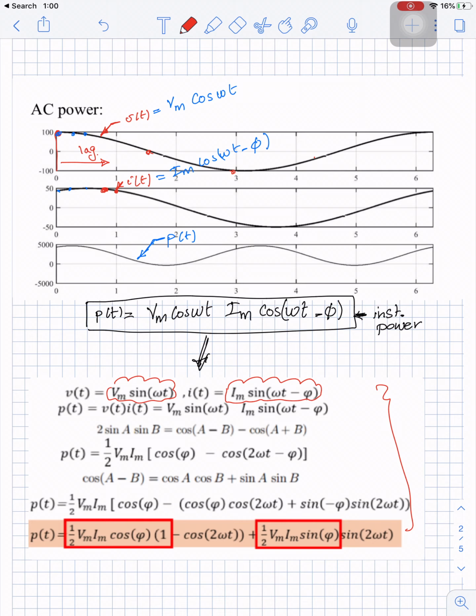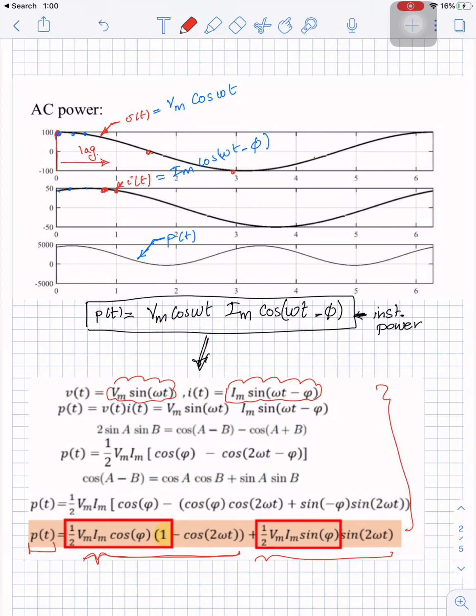So we reached this point where P of t equals the addition of two terms. This is the first term and this is the second term. The first term has an average. The second term has no average.